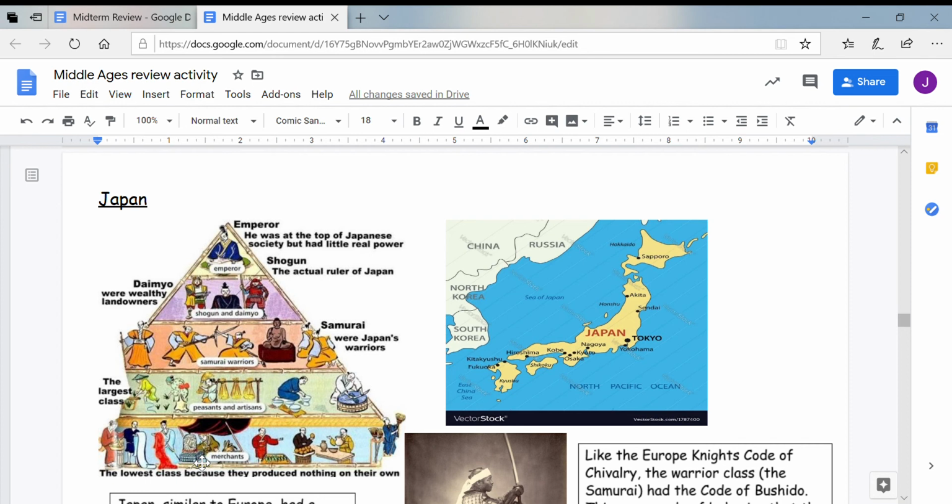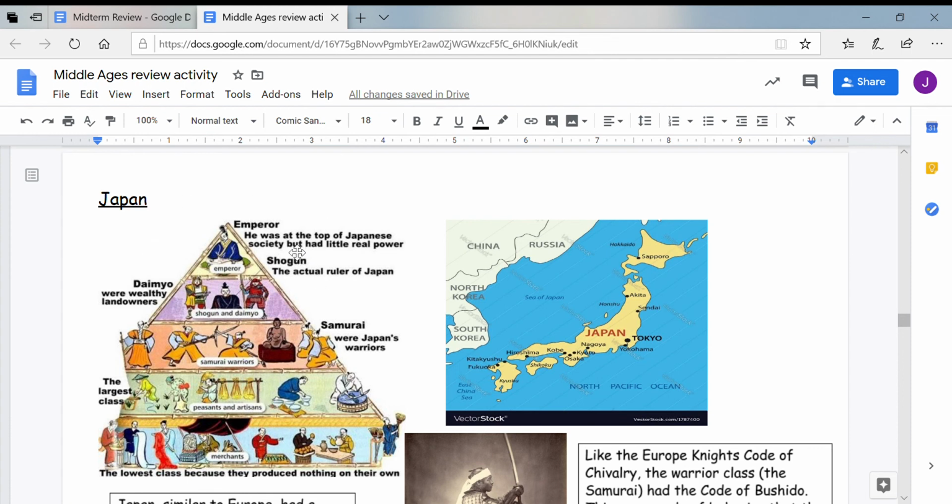And what you have to know is that the merchants were not valued in an agriculture economy. So what does that mean? So keep in mind, in Japan, there's a lot of farming.